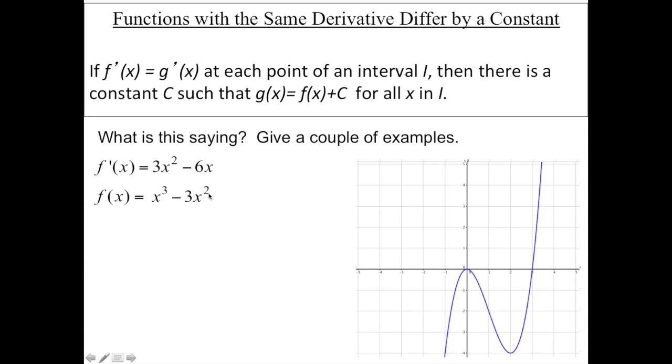So if the original function must have a power of 2, then I have to kind of modify this constant out here so that when I take the derivative, I get my 6. So negative 3x squared has the derivative negative 6x. So there's a possible function, and it looks like this. That's what x cubed minus 3x squared looks like. Is this the only function that has this derivative?